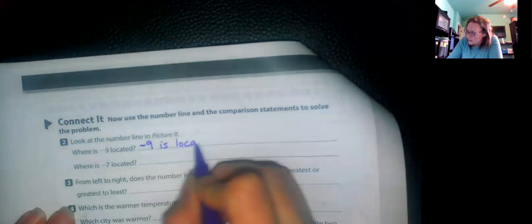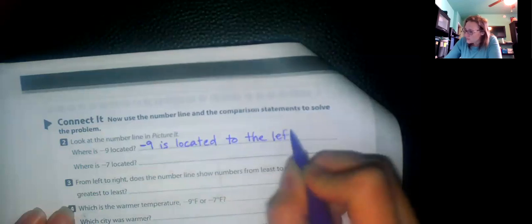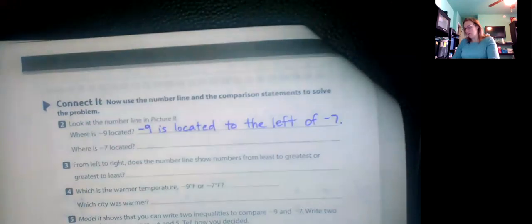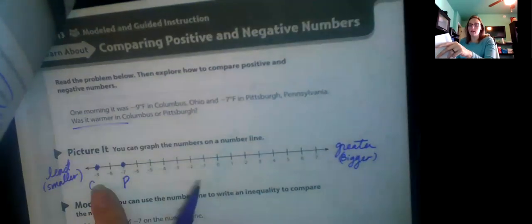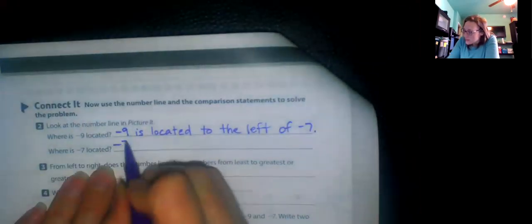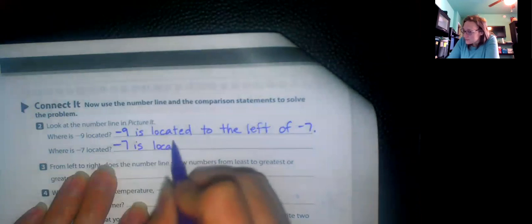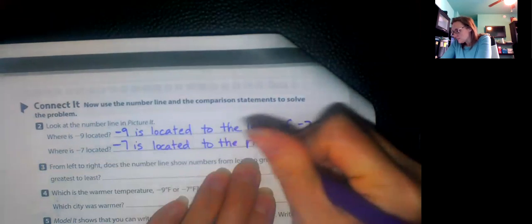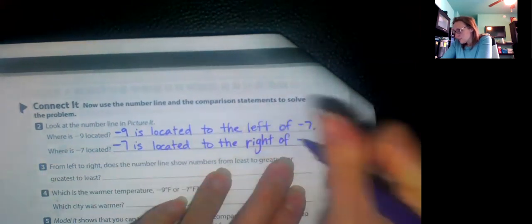Okay, where is -7 located? Well, it would be the opposite of that, right? So it's to the right of -9. So -7 is located to the right of -9.